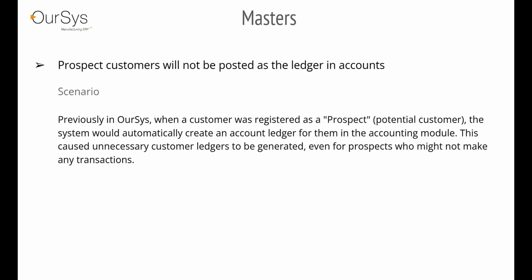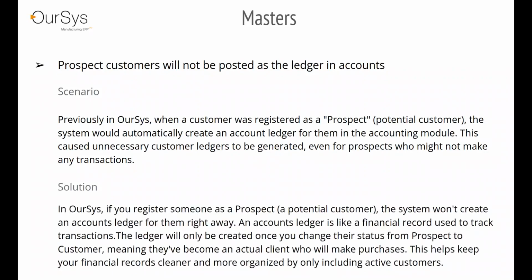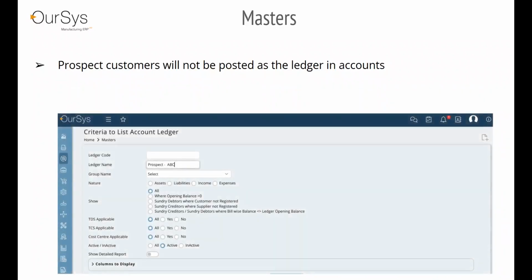So now if a customer is added as a prospect, the system won't create any accounting ledger for it until it is marked as a customer or any sales order has been booked. So here you can see I have made a new customer called prospect ABC and I have kept the type as prospect. Now if I go and search for the prospect customer ABC in the accounts ledger, then no result will come.